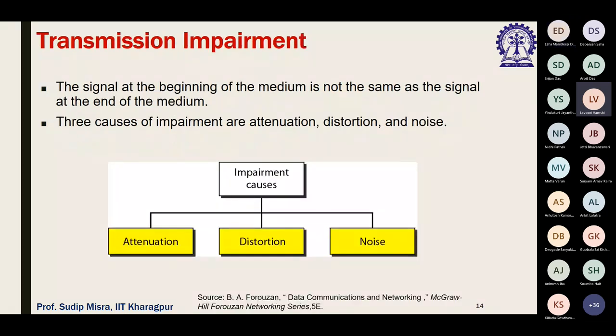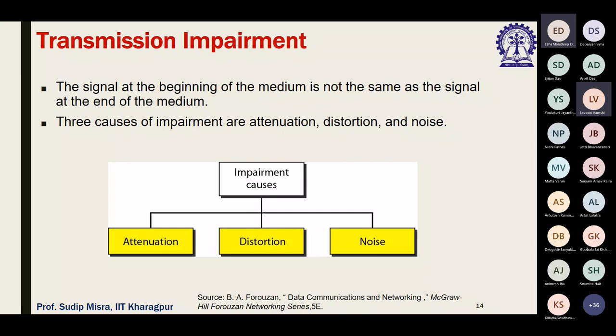Now let us switch our gears once more. Let us go back to what I was telling you, that the signal, when it passes through the medium, does not remain the same. It gets affected by the medium.